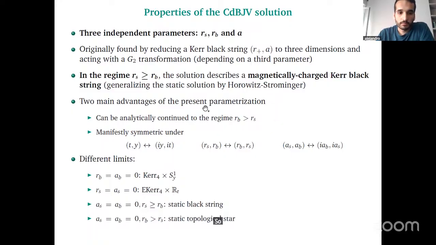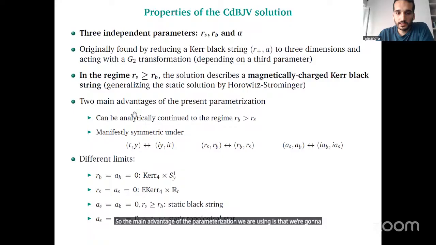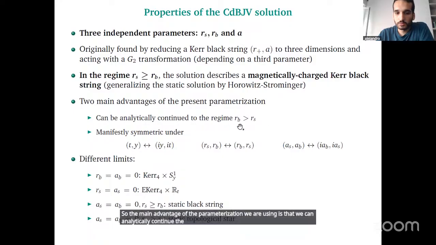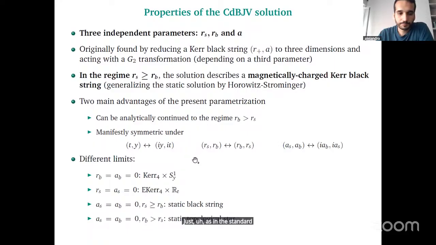So the main advantage of the parametrization we are using is that we can analytically continue the solution into this regime, R_B bigger than R_S, and also for free it comes that it is invariant under this sort of double Wick rotation, just as in the static case.